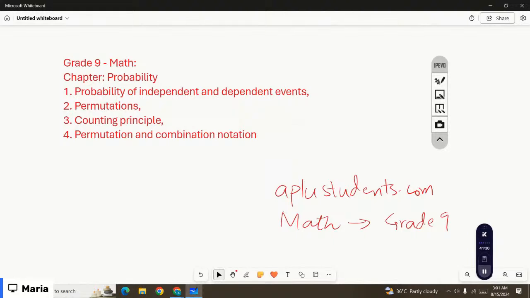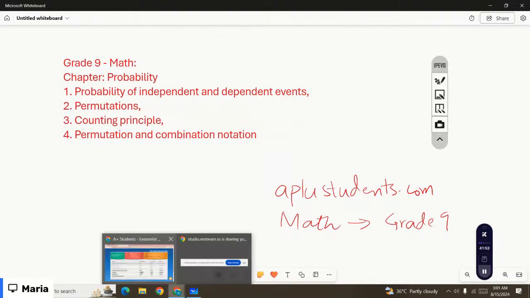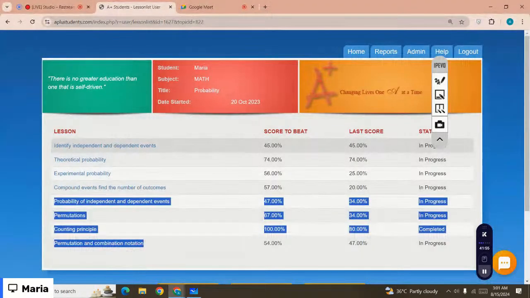We're going to start with the chapter probability. The lessons we're going to cover from the chapter are probability of independent and dependent events, permutations, counting principle, permutations and combination notation. So please make sure you have your notebook and pencil so that you can note down the important exam definitions as well.